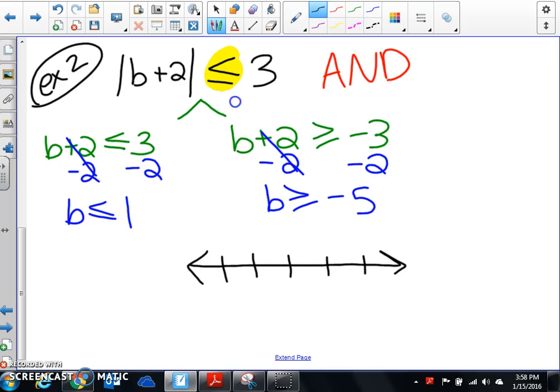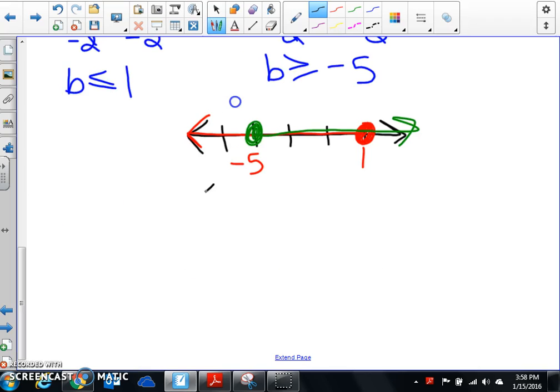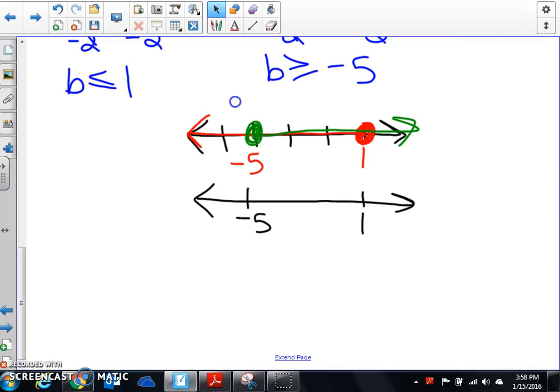Go ahead and do your number line. Let's pretend this is 1 and this is negative 5. So 1 going to the left, closed circle, and then negative 5, closed circle, going to the right. This is an and, which means intersection, so I need to redo my graph.